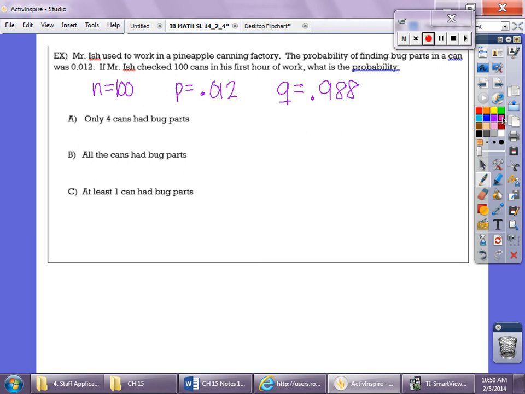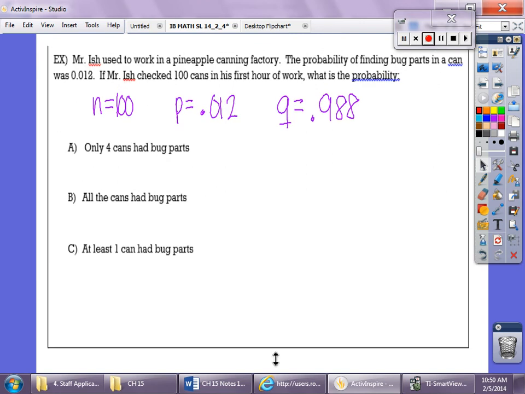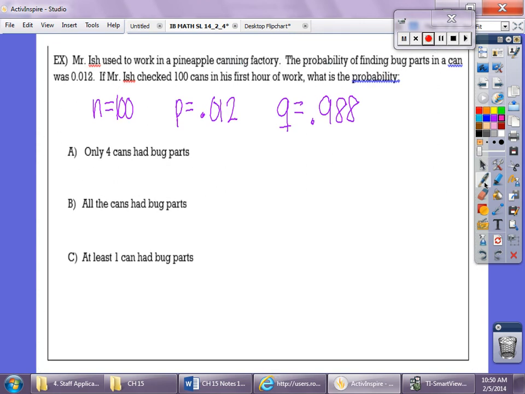So, we're going to start out by always writing what exactly we want. So, in part A, actually, let me give myself a little bit more space. So, this is going to be interesting. Let's do it this way. Okay, so only 4 cans had bug parts. So, the probability that X is exactly 4.